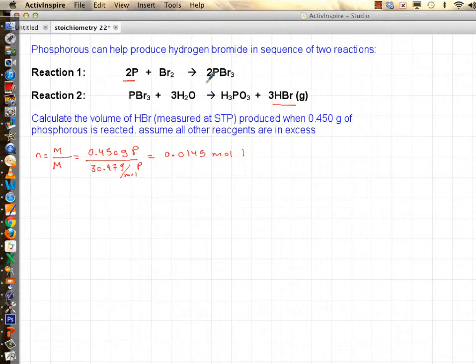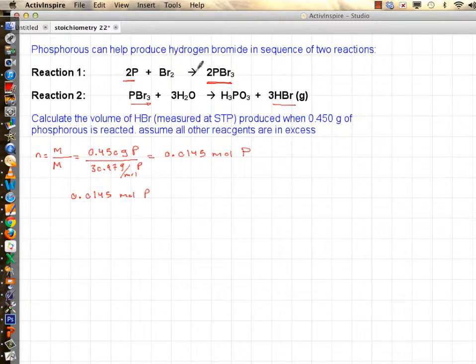The next thing to do, in order to get to moles of HBr, we have to find moles of PBr3, phosphorus tribromide, and then we are going to walk forward and see what happens. So I'm going to find moles of phosphorus tribromide by using the information from phosphorus. 0.0145 moles of phosphorus.